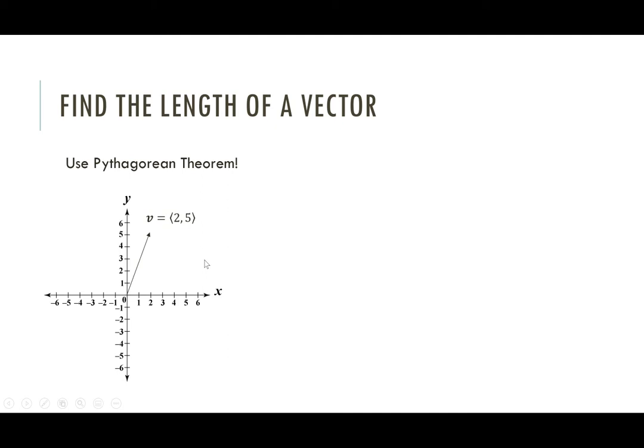So if this is our vector 2, 5, we notice a right triangle here with one leg of length 2 and the other leg of length 5. So the length of this vector is the square root of 2 squared plus 5 squared, which happens to be square root of 41.